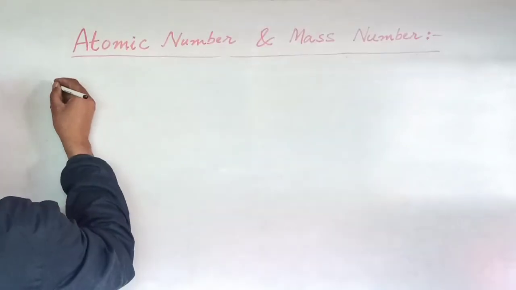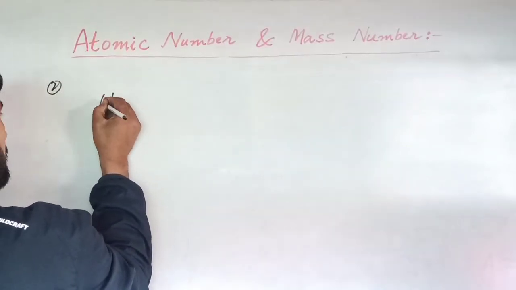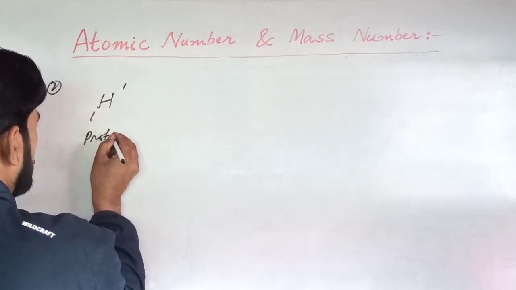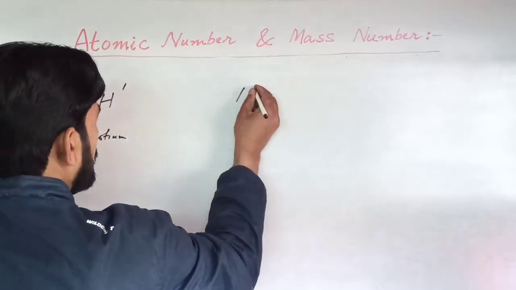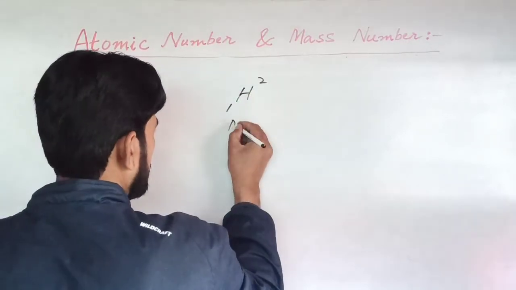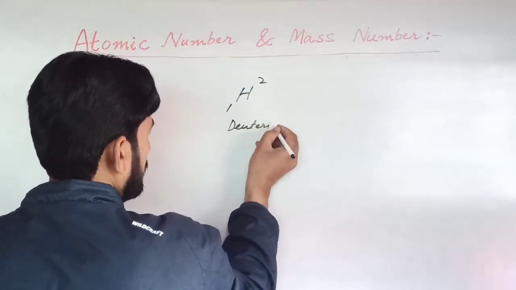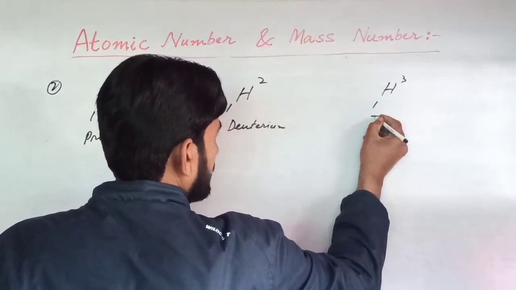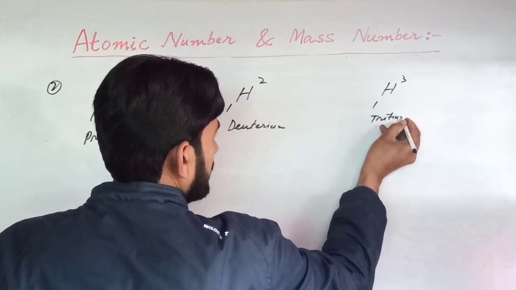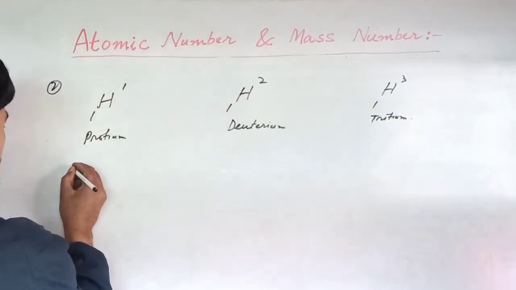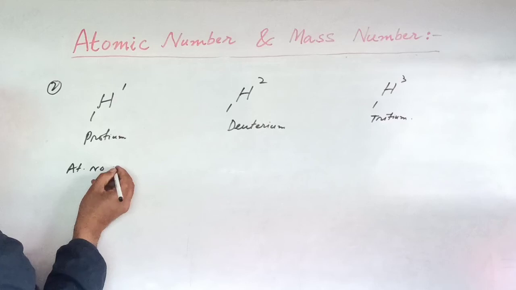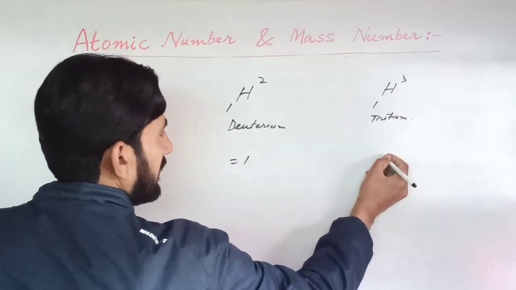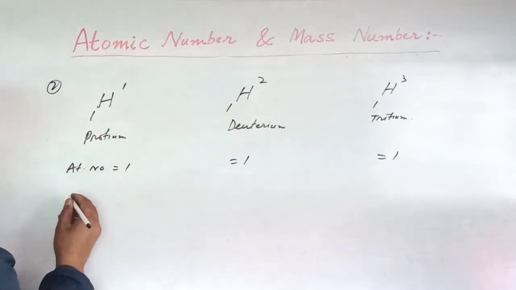Another example, example 2: protium, deuterium, and tritium. In this case, atomic number is equal to 1, here also 1, and here also 1.